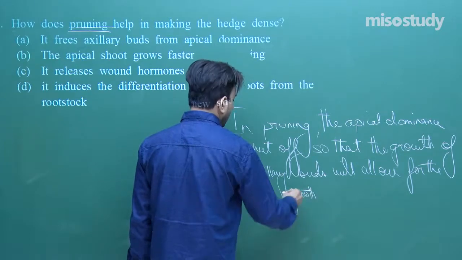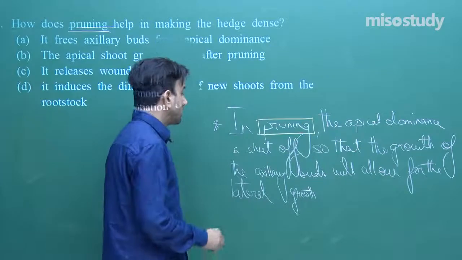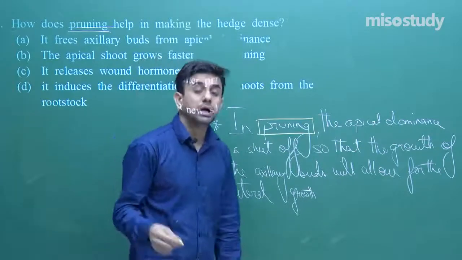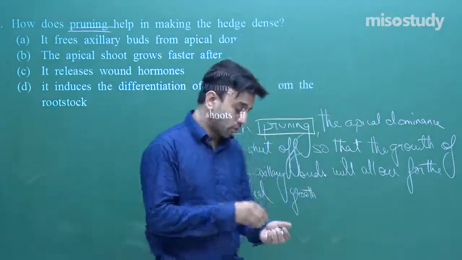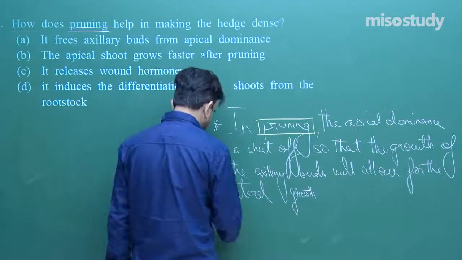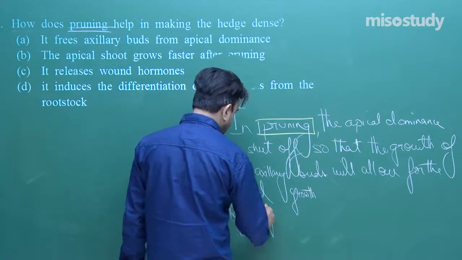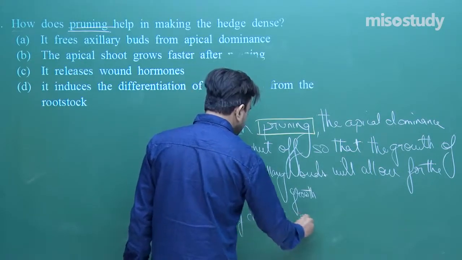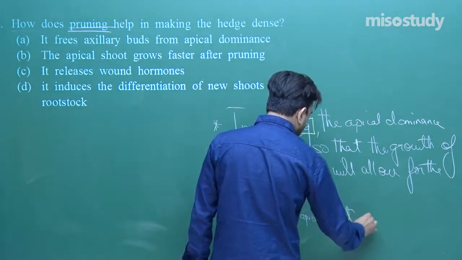Right. So in pruning, what we see is the apical dominance is shut off, and how is it shut off? By cutting or removing the apical part of the shoot.